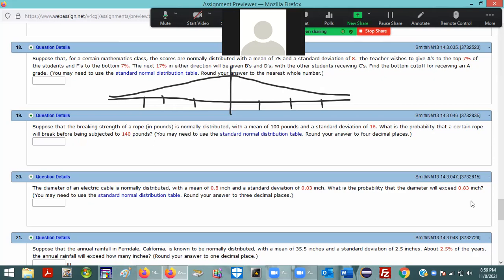Let me redo that one. Here's our C group, right? That's our group of C's. That's the middle. And then we've got our B group here. And then our A group here, right? And they're asking us, what is this value that starts us getting the A, right?